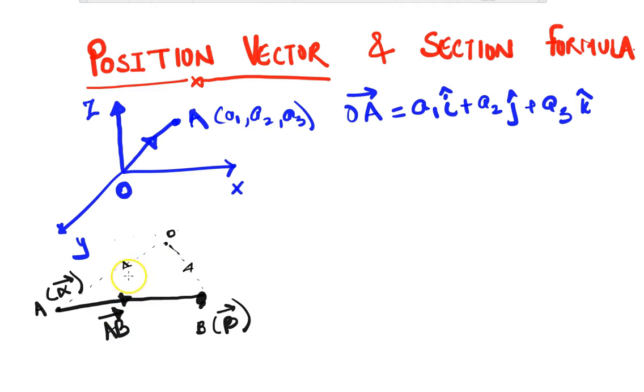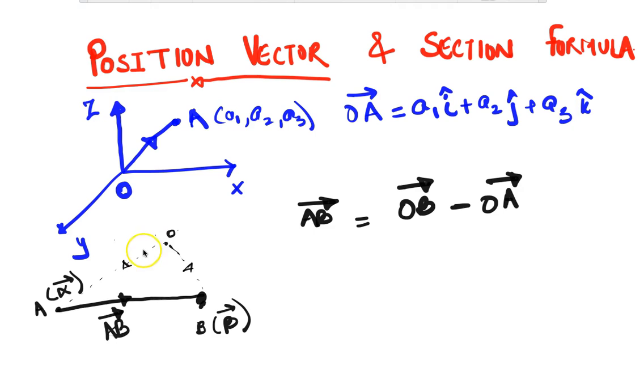Now by the triangle law of addition, we can say that AB vector is nothing but OB vector minus OA vector, right?